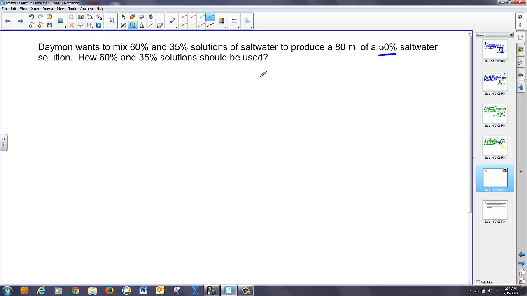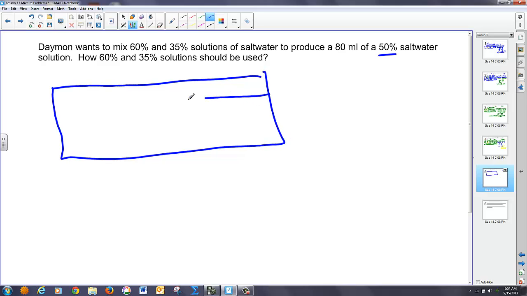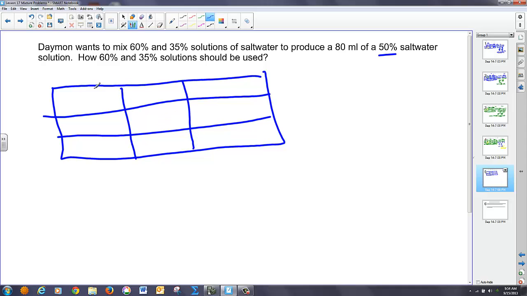So let's make our chart again. We have three quantities. The number of liters we're adding, milliliters in this case, the percentage, multiply across, get a total.